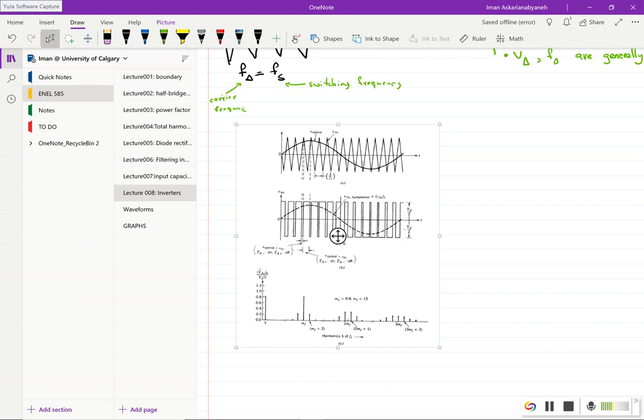Okay, so this is from the Power Electronics Converters Application and Design book.